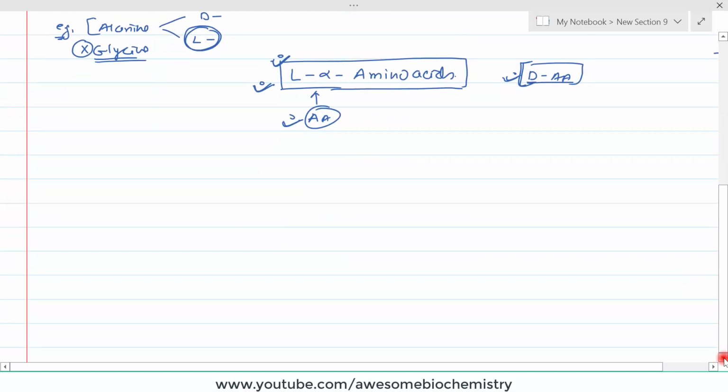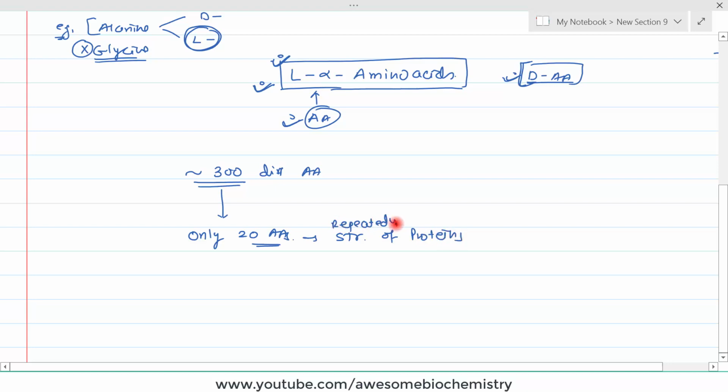Now, the second question arises: how many different types of amino acids are found in nature? It is seen that approximately 300 different amino acids are there in nature. Out of these 300 different amino acids, only 20 amino acids occur repeatedly in the structure of proteins.